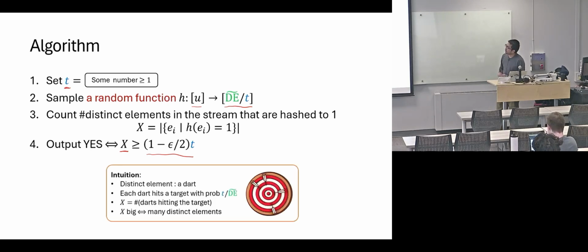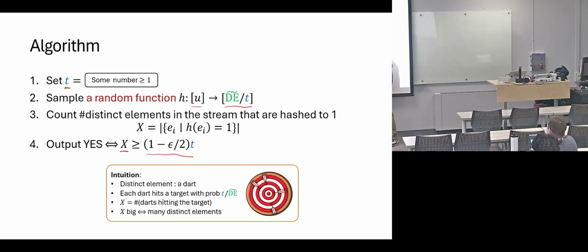Let me tell you about the intuition a bit, right? You should think of each distinct element as a dot, and each dot will hit a target with some probability. When it's hashed to 1, it's like it hit a target. It's going to hit a target with probability t over DE theta, because the range is this, just the inverse of this.